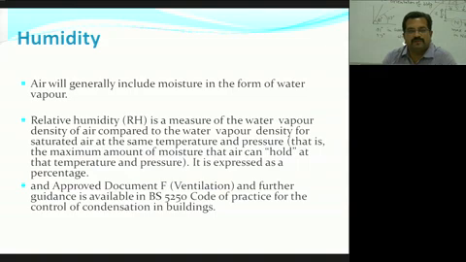So sometimes to provide humidity we have to have a higher moisture level in the air, or sometimes we have to go for dehumidification. We have to remove the moisture from the air to give comfortable air quality. Air will generally include moisture in the form of water vapor. One of the other factors is relative humidity, which is measured in percentage.